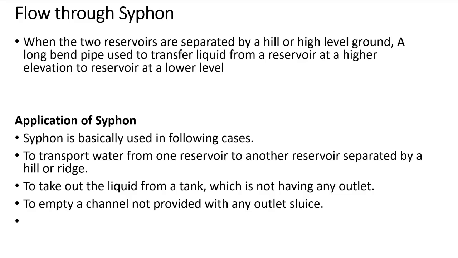So now we will move towards flow through siphon. When two reservoirs are separated by a hill or a high level ground, a long bent pipe is used to transfer the liquid from a reservoir at a higher elevation to a reservoir at a lower elevation.